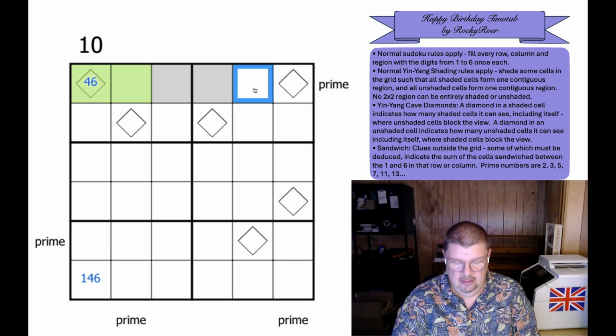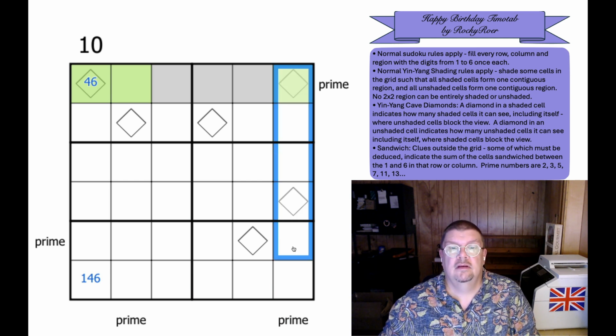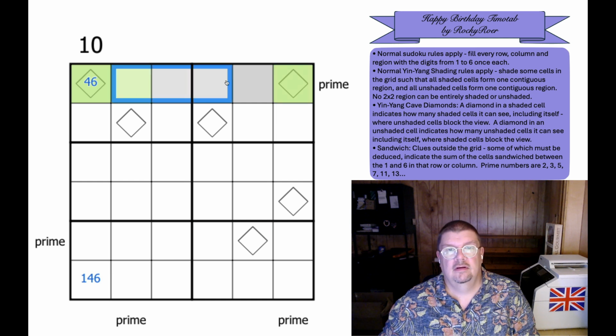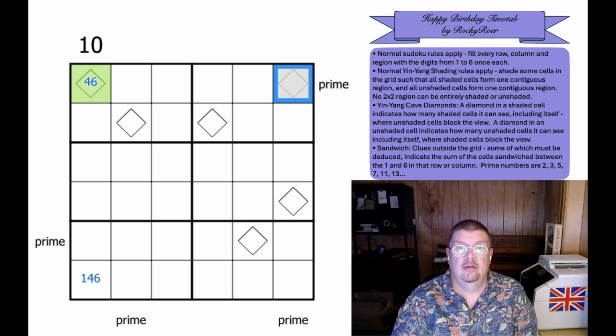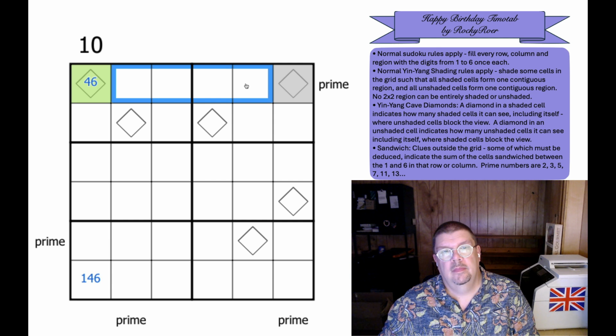So could I make that gray and this green? I do that, and that would go all the way around. No, that doesn't work because then this would have to be more than 6, which it cannot be. So actually, those are different colors. All right, so we'll make that gray. That means we have a change of color here somewhere in this row.